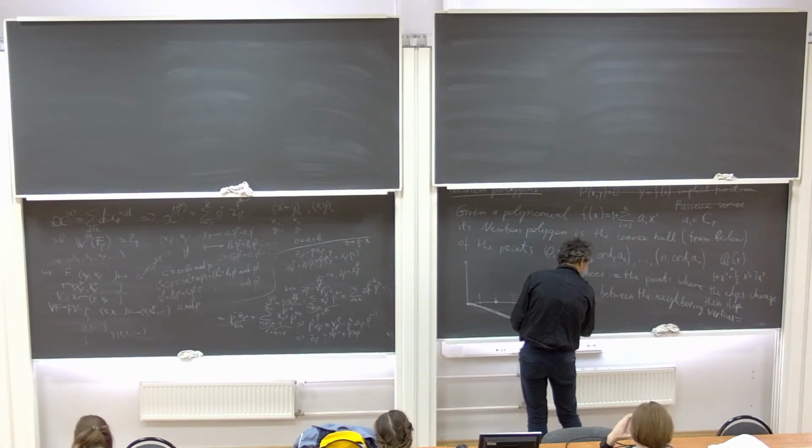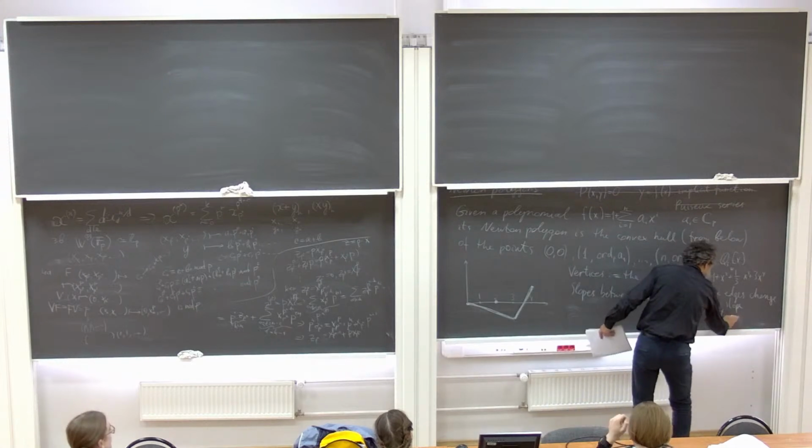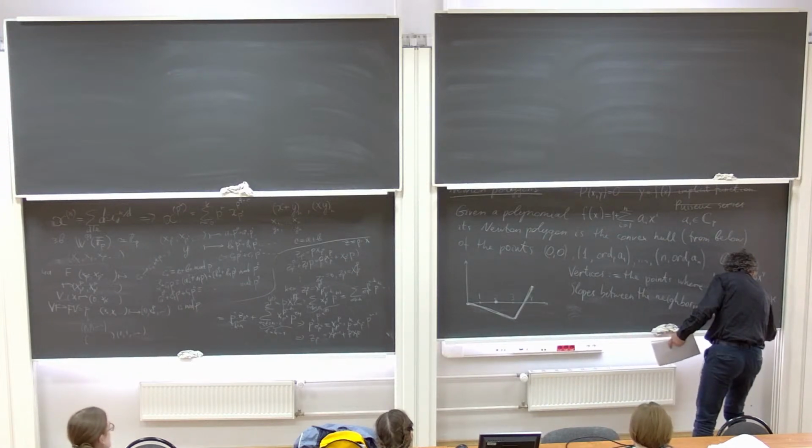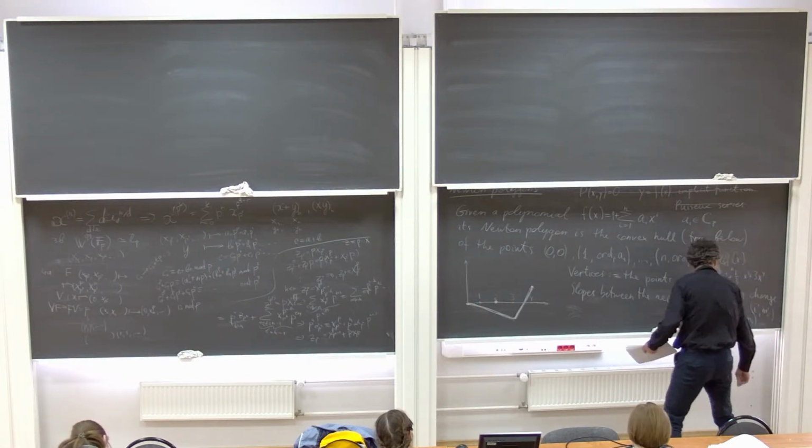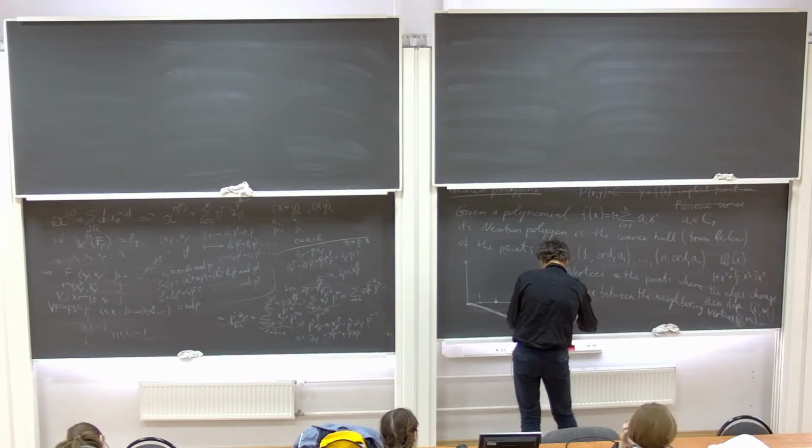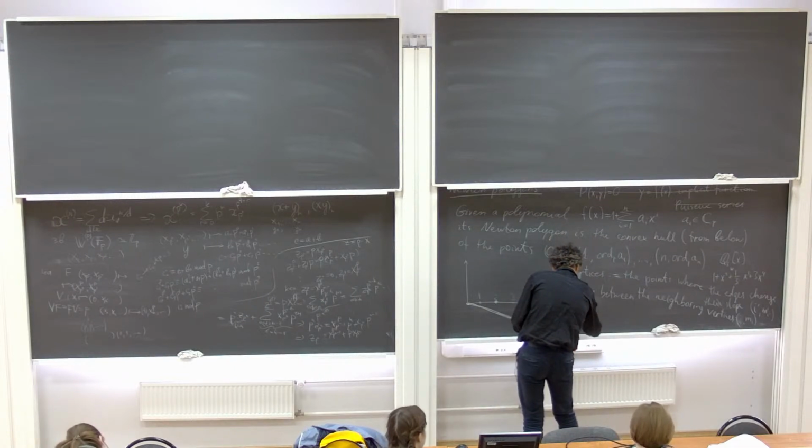If the vertices are (i, m_i) and (i', m_i'), then the slope will be (m_i' minus m_i) over (i' minus i).